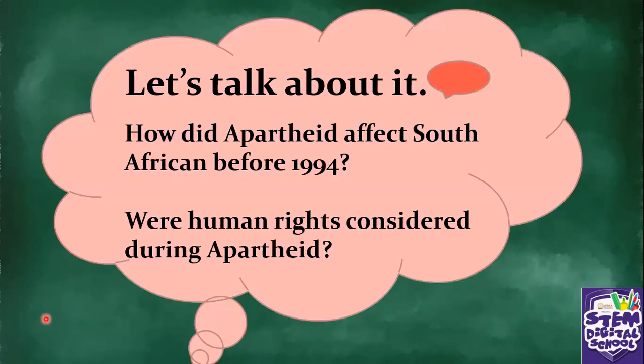Let's talk about it now. How did apartheid affect South Africa before 1994? What do you think? Just think about it. Remember the unfair treatment of black people, of Indian people, of colored people.